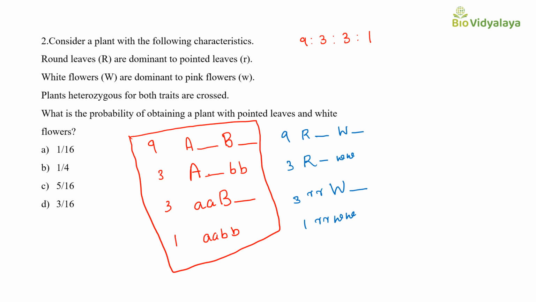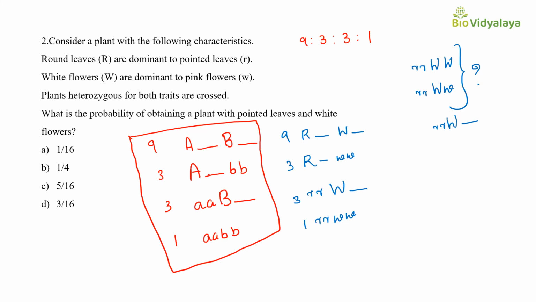And here we have to find the probability of obtaining a plant with pointed leaves with white flowers. Okay. So we have to find the probability of obtaining these genotypes. So we can write it as small r, capital W dash.